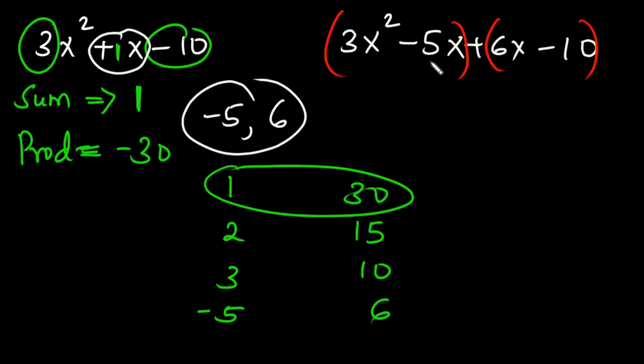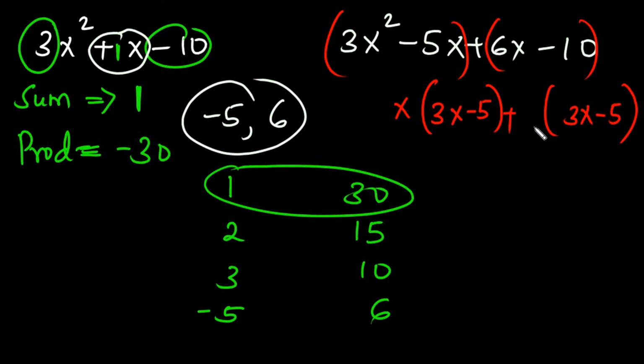And then we start with this first one and ask ourselves, what is the common factor? Do we have a common factor here? And I can see we have a common factor, that is x. So we factor out x, and inside the bracket, we're going to be left with 3x minus 5. And whatever we are left with in this bracket, we also write it in this other bracket, 3x minus 5. Okay? And then we ask ourselves, what factor can we multiply this bracket with to give us this?